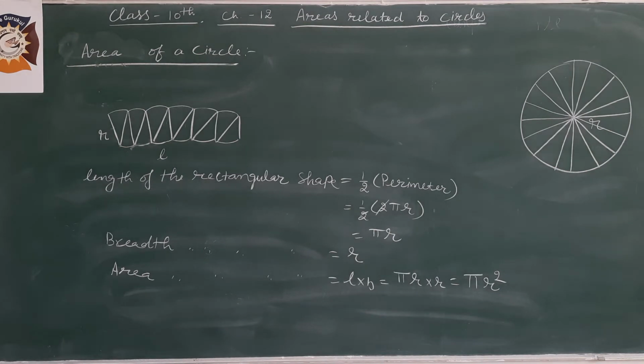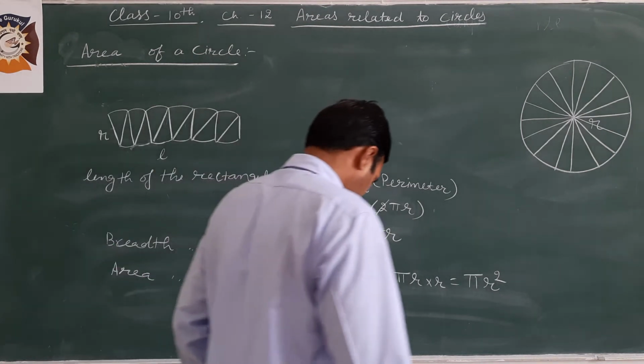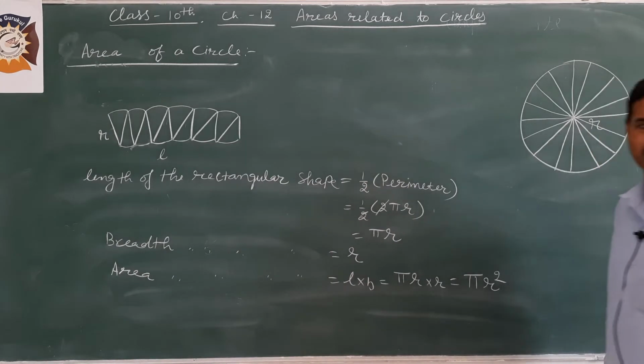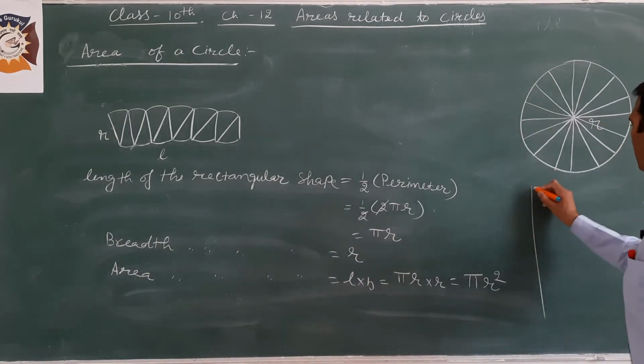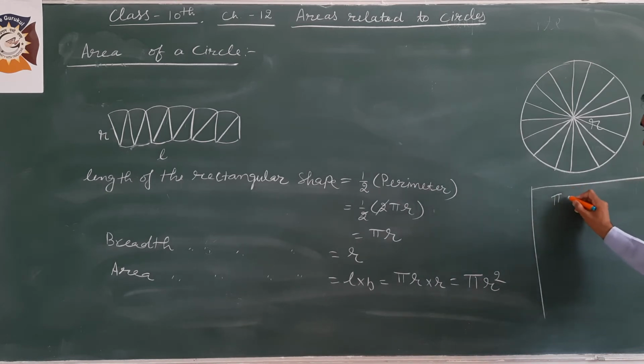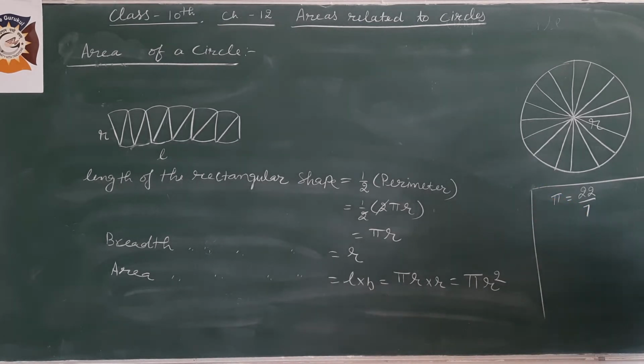Now one more question: what value of pi will we use in calculating the area and perimeter of the circle? Pi is an irrational number. We studied this pi in the first chapter of ninth class.